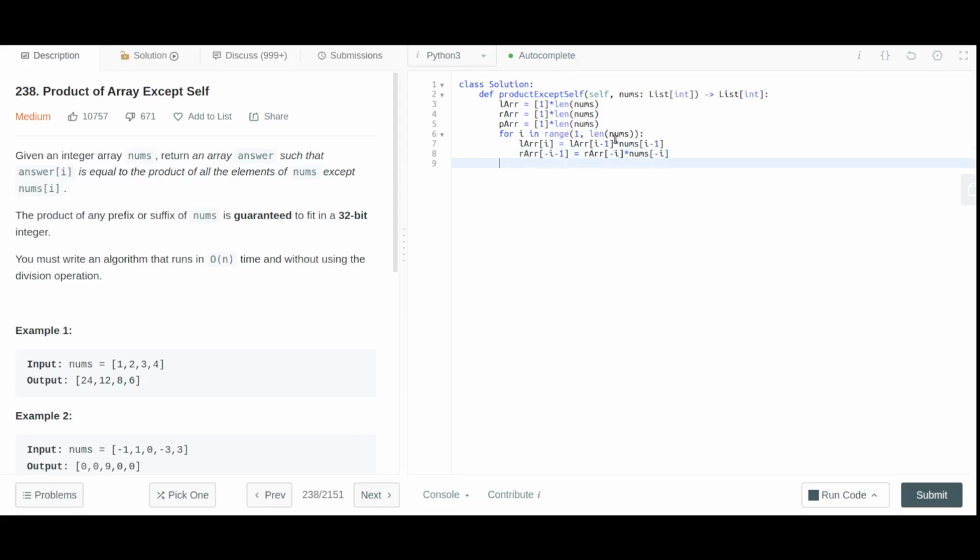Once we have the two arrays done, all we need to do now is just multiply them together, and that will be our outcome.